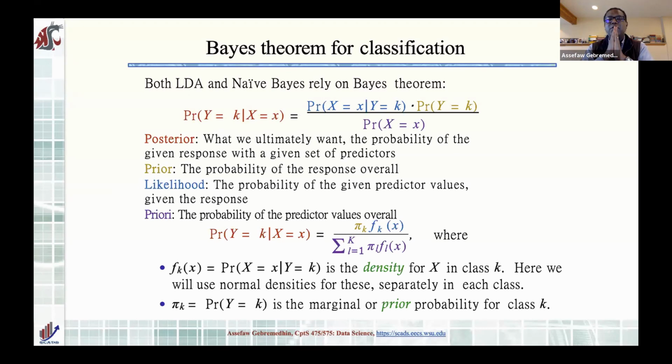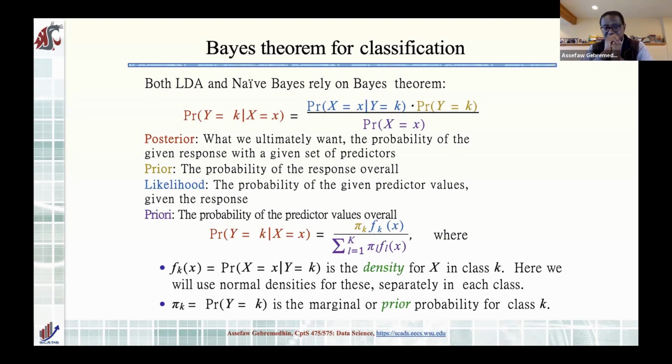This is equal to the product of two terms: the probability of X equals x given Y equals k, we're flipping things around if you haven't noticed, times the probability that Y is k, divided by the probability that X is x. If you take the product of whatever is on the left with the denominator and what is on the right, you will see those things are flipped around.